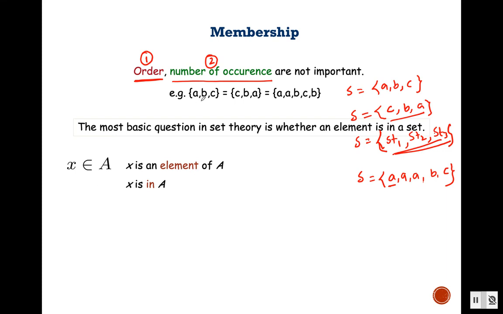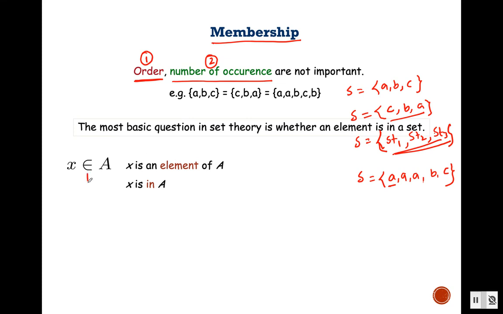Each of the elements that is in the set is known as a member of the set. So membership of a set means each element of the set is a member of the set.